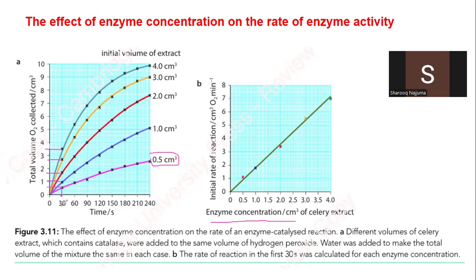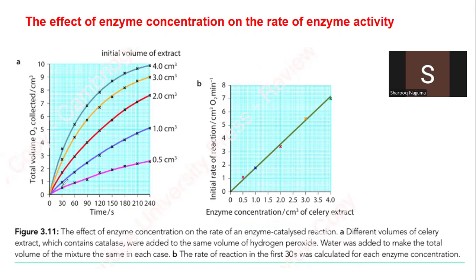When you look at this initial rate of reaction, here it was measured in centimeters cubed per minute, but here we have seconds. So someone could be wondering, how come here we have minutes? They were looking at per minute. That means that, for example, let's look at the initial rate of reaction at 30 seconds for the 0.5 centimeters cubed volume of celery extract.